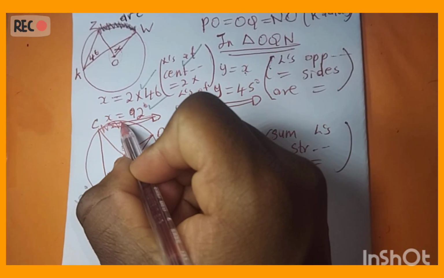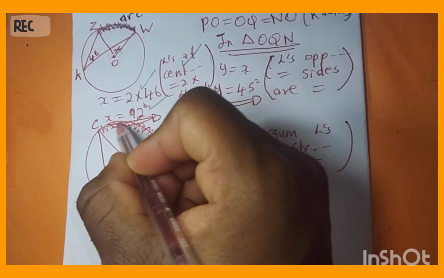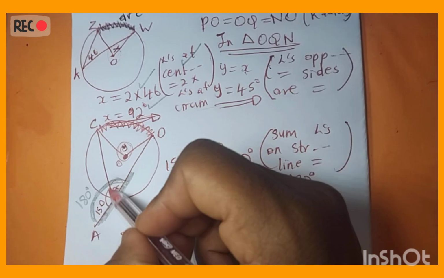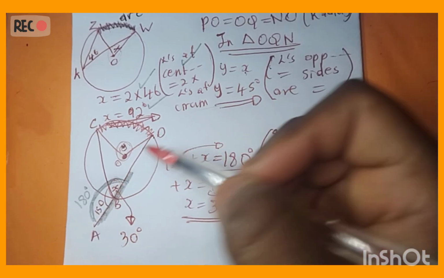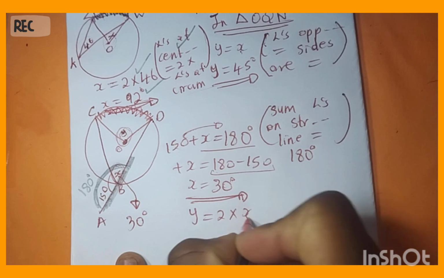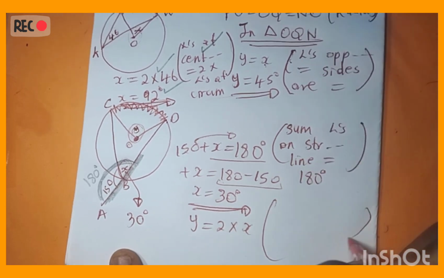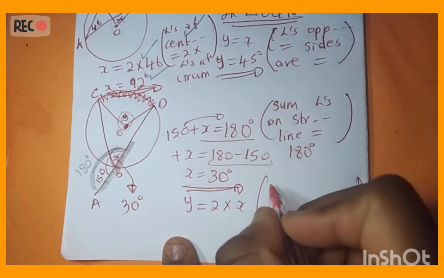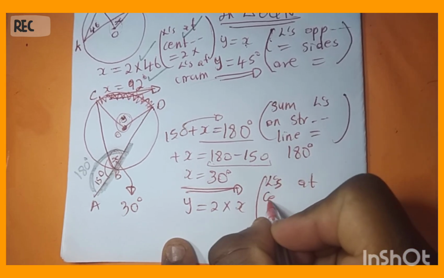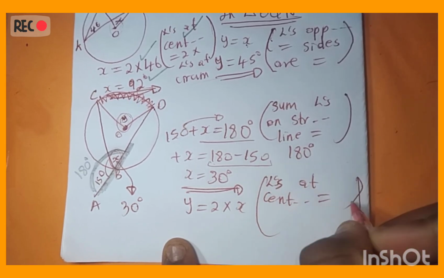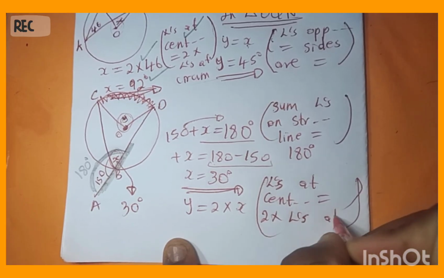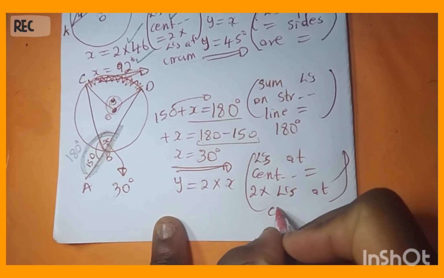Because I know the x value, I can know the y value. This thing there is the arc. The arc, guys, forms the angle at the center, which is twice the angle it formed at the circumference, meaning y is equal to 2 times x. The reason is that angle at center is equal to 2 times angle at circumference.